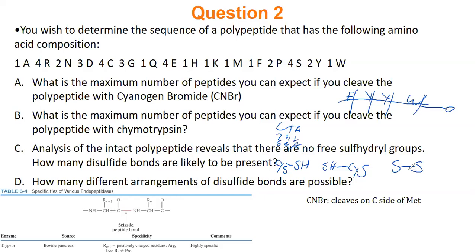And D is a little bit tricky. How many different possible disulfide bonds are there?